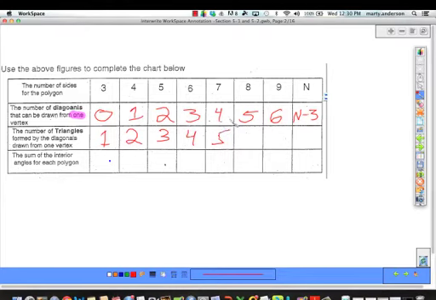Heptagon has 5, and we can see that an octagon has 6 and a nonagon will have 7. Hopefully we understand that the number of triangles formed when we have a diagonal drawn from one vertex is n-2.